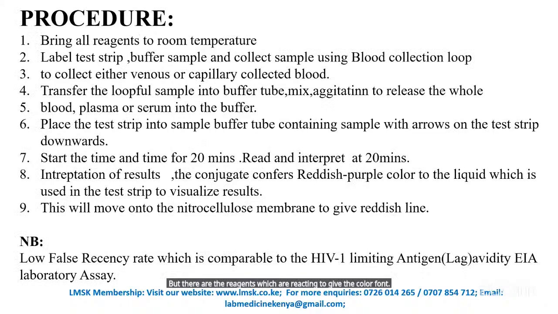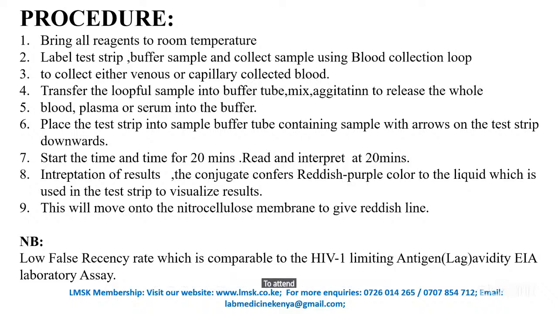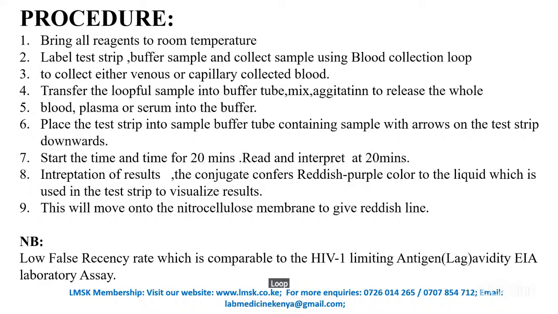Then just a brief on the test procedure. Always we bring all our reagents to room temperature to attain the antigen-antibody reaction. So we label the test strip, the buffer sample, and collect sample using the blood collection loop. So once we've made a blood puncture, either through capillary, or we can use venous collected blood.